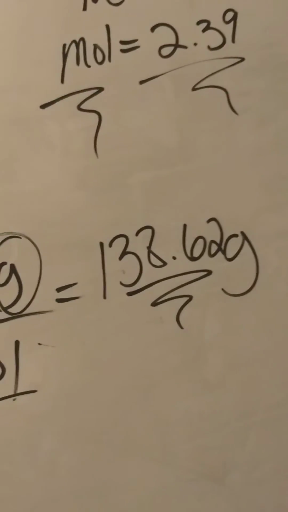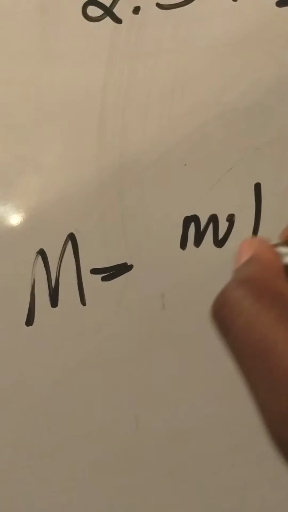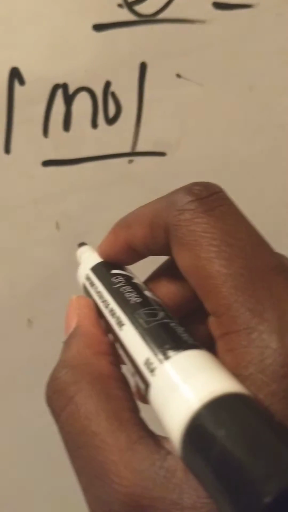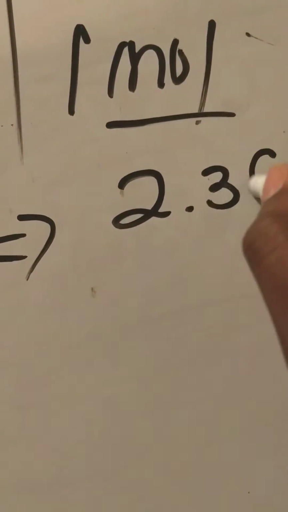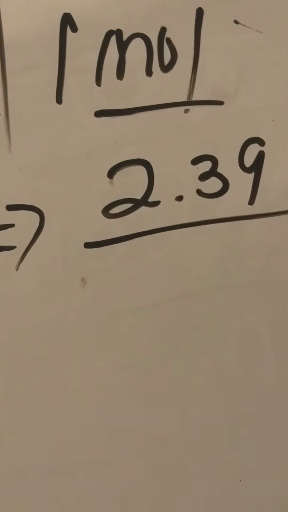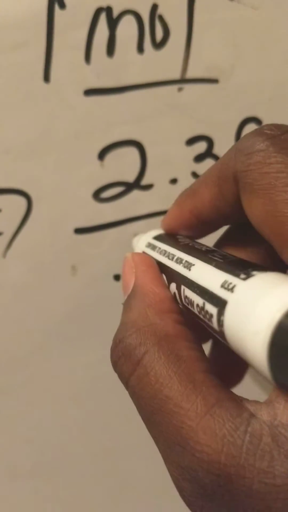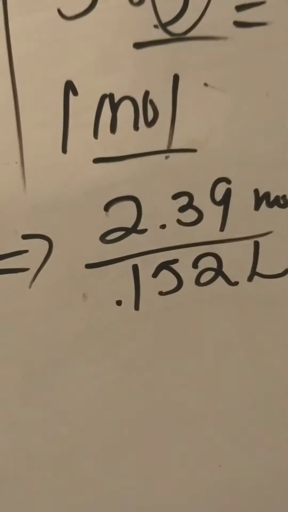Okay, so we have our equation. Molarity equals moles over liters. And we just insert. So moles over liters, we had 2.39 moles over 0.152 liters. Put in our calculator.